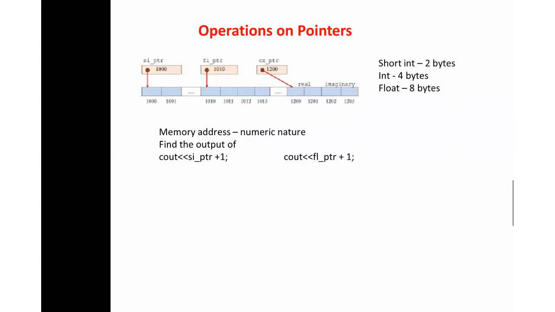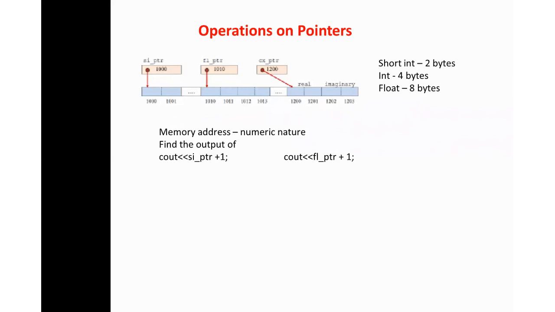Two main operations that could be done only with the help of your arithmetic operators are plus and minus. Is it clear? Two main arithmetic operations that could be done on pointers are addition and subtraction.